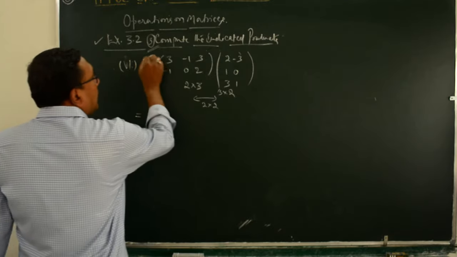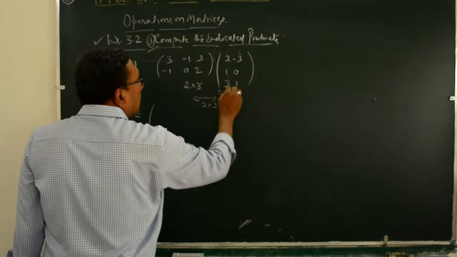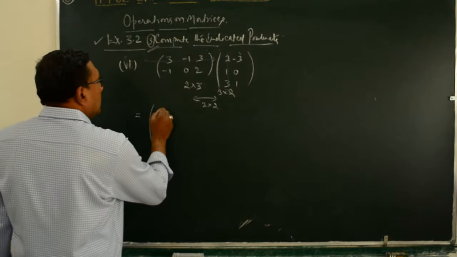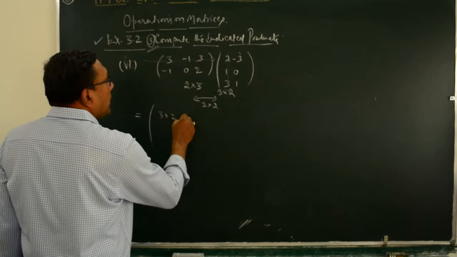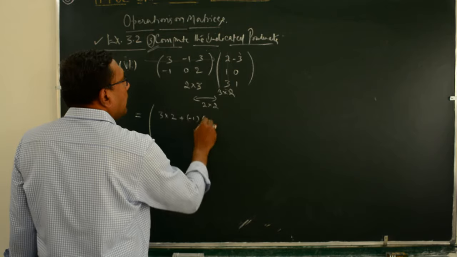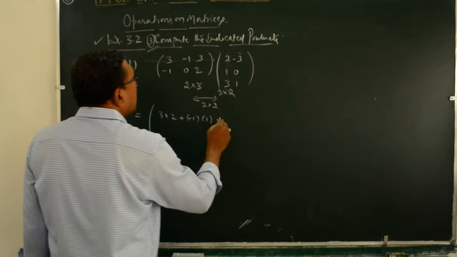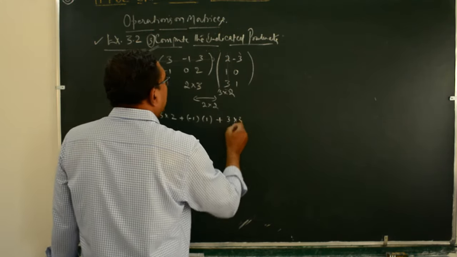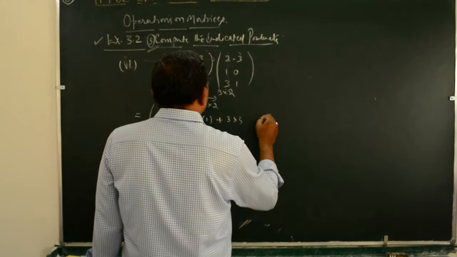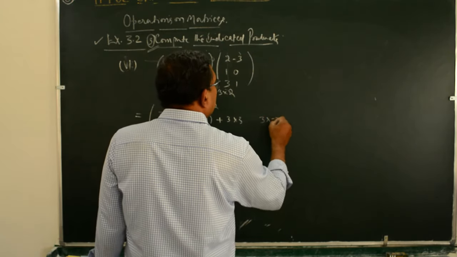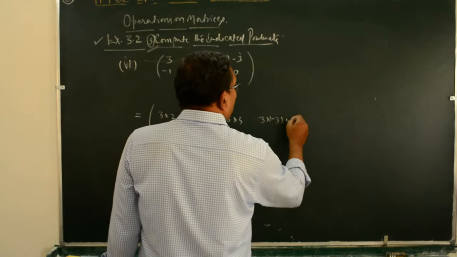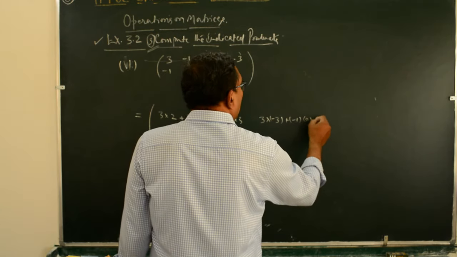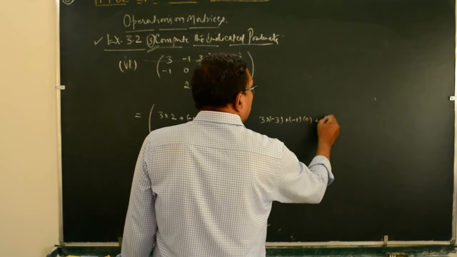Let us see multiplying this. Same, first row into first column: 3 into 2 plus minus 1 into 1 plus 3 into 3. Next is 3 into minus 3 plus minus 1 into 0 plus 3 into 1.